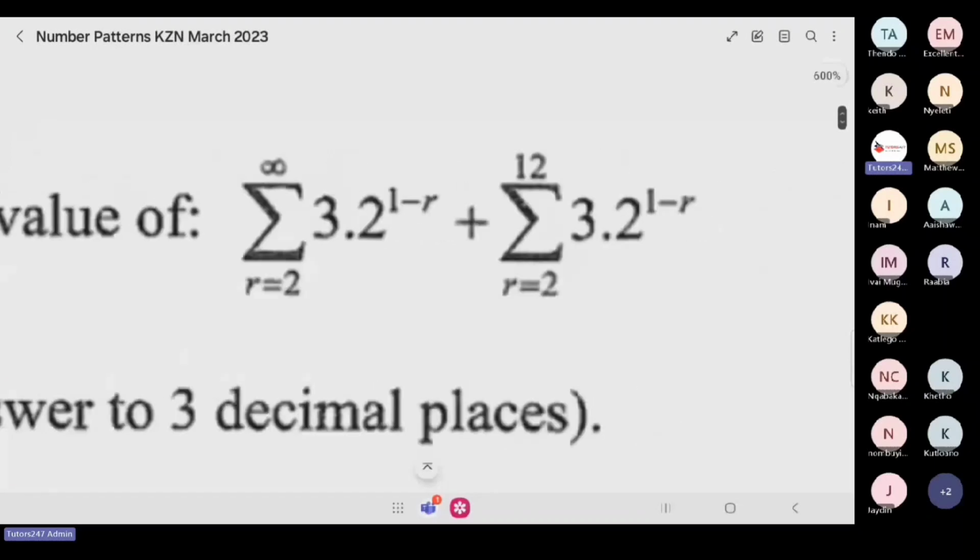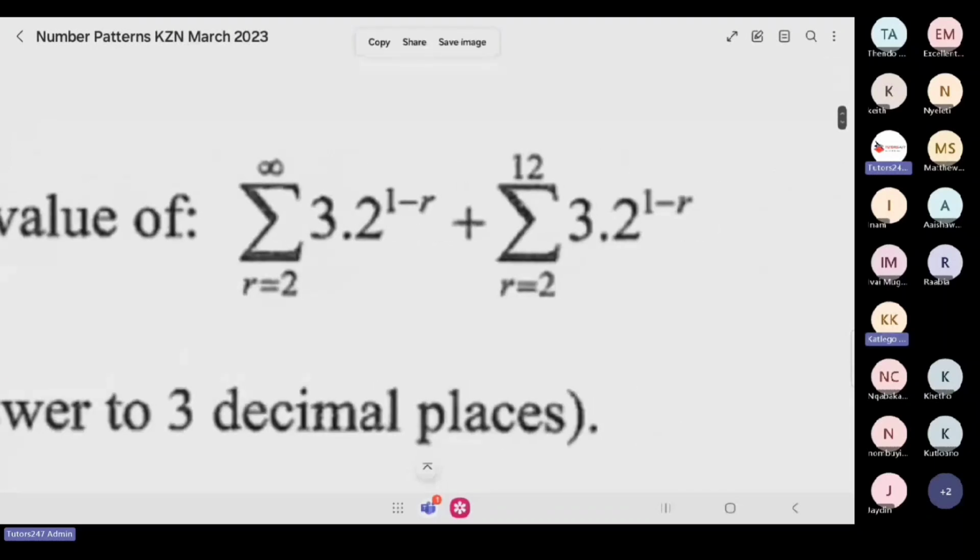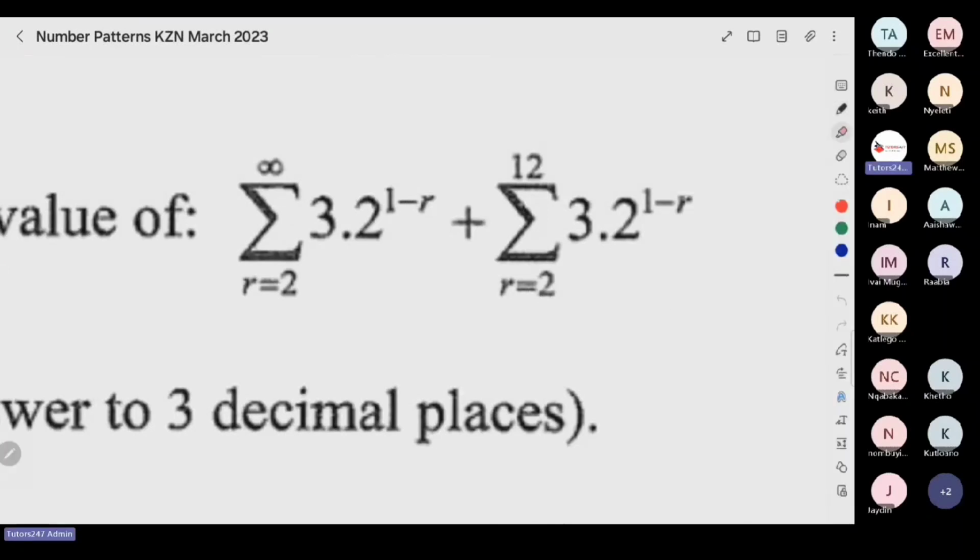Question 2.2, we need to calculate the value of this. Basically, they've added 2 sigmas, right? So what I would recommend is do them individually, separate them. So take the first sigma, calculate it individually, how you would normally do it. So expand, find the sum. Take note that because infinity is the top value, you're going to use the sum to infinity.